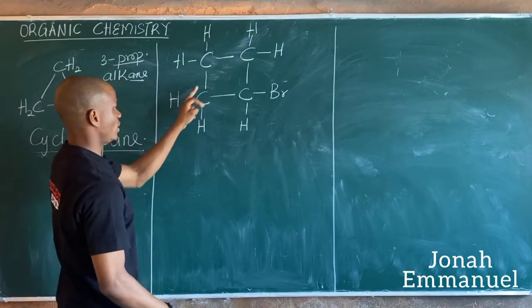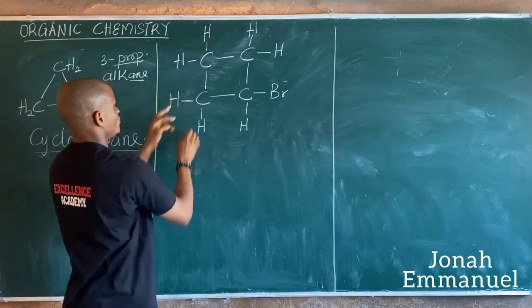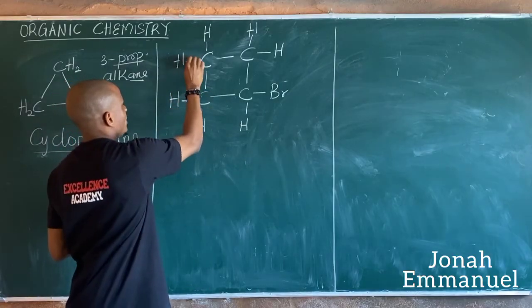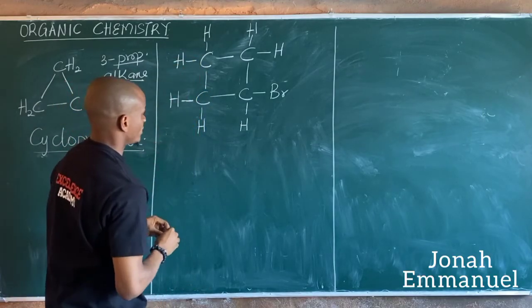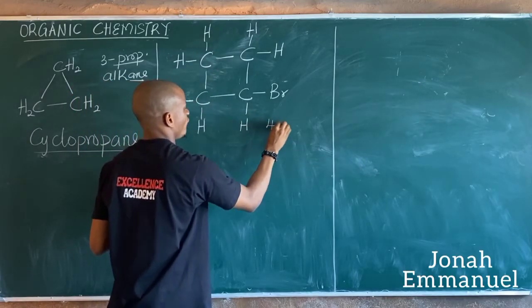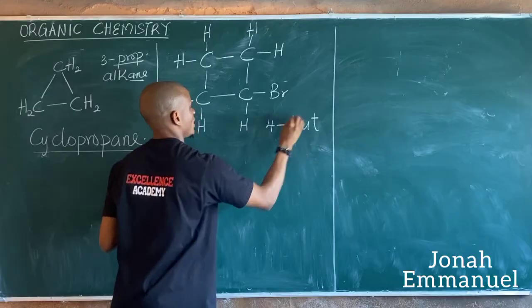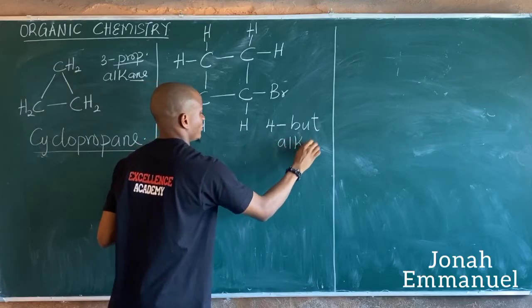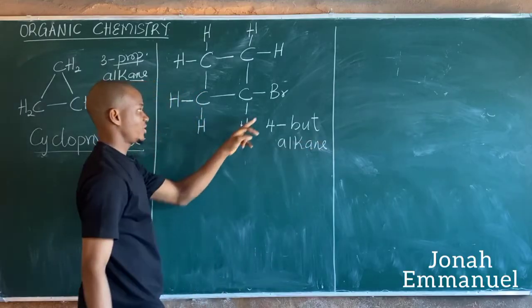So this one is having 1, 2, 3, 4, it's balanced. This one has 1, 2, 3, 4, it's balanced. Alright, they have 1, 2, 3, 4 carbon. I can see single bond throughout this atom. Single bond is an alkane. I can see a bromine here.